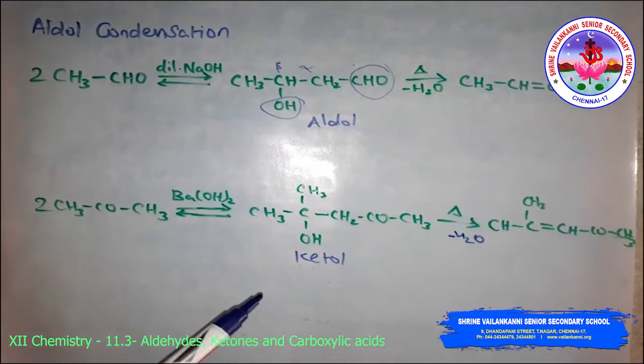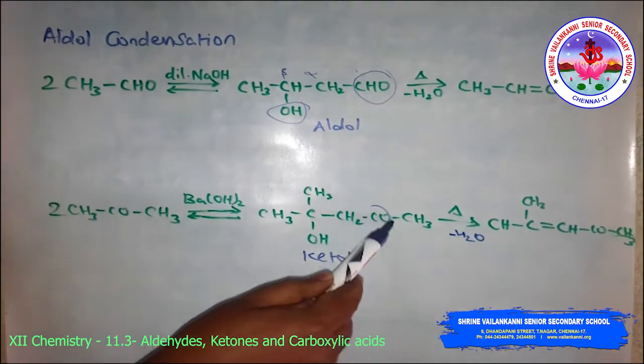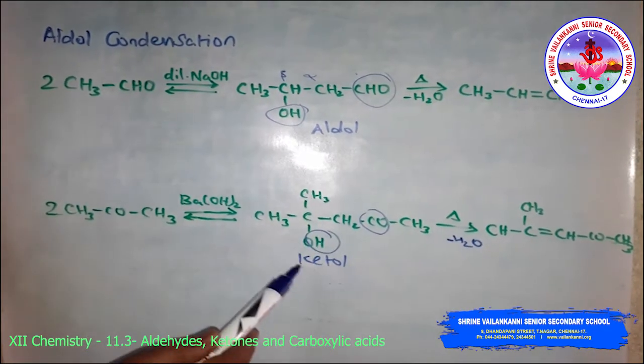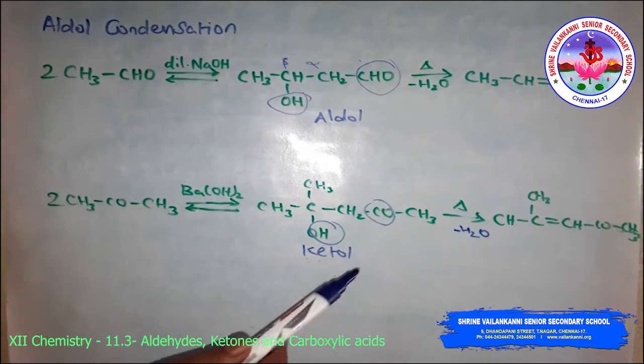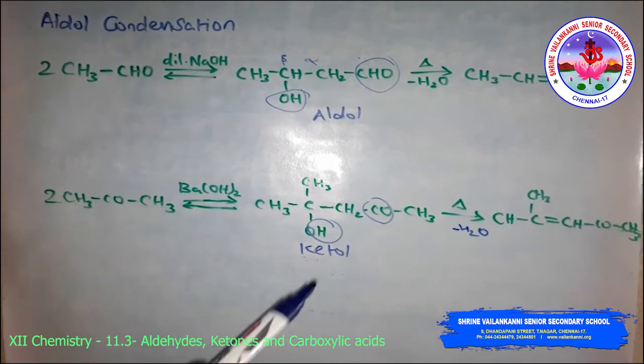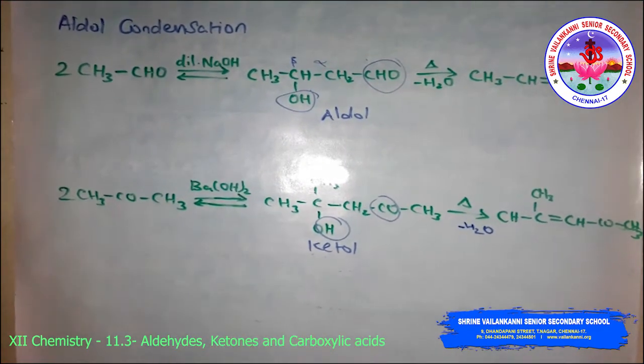Though ketone gives a ketol, that is a compound containing ketone and alcohol, that is why they are ketol. The general name of aldol condensation still applies to the reaction of ketones due to their similarity with aldehydes.